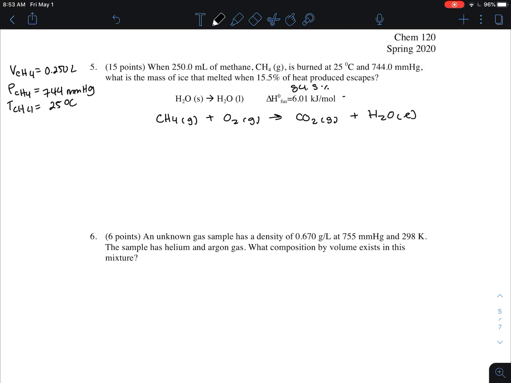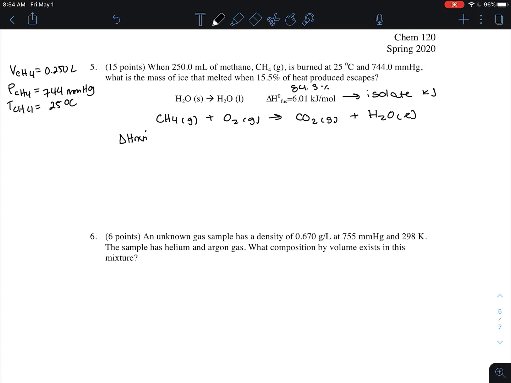So you have to kind of work backwards here. I want the mass of ice melted. Okay, well, I know I can get mass from molar mass. I can get the moles from the kilojoules per mole. So I have to isolate the kilojoules. And to do that, I need to know the amount of heat from my combustion of methane.